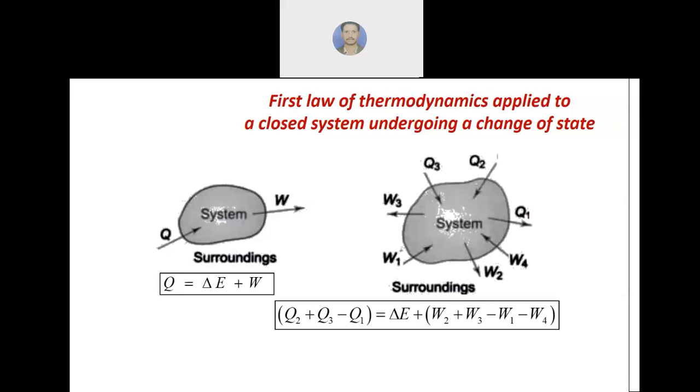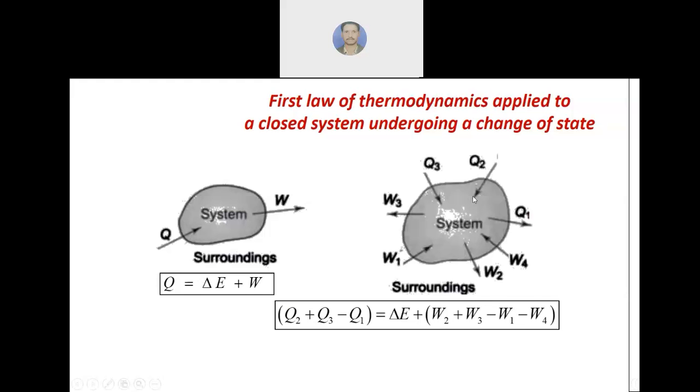Then there will be heat transfer, work transfer, as well as delta E. Delta E is nothing but internal energy, or energy possessed by the body. So Q equals delta E plus W. Total heat transfer is equal to total work transfer plus change in energy possessed by the body.